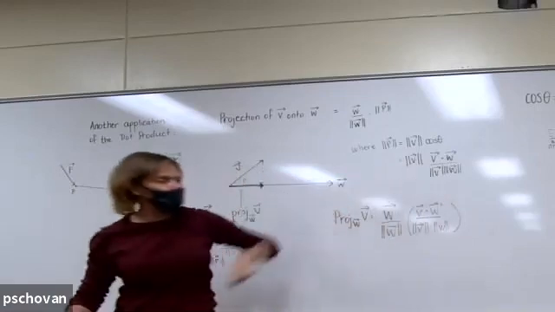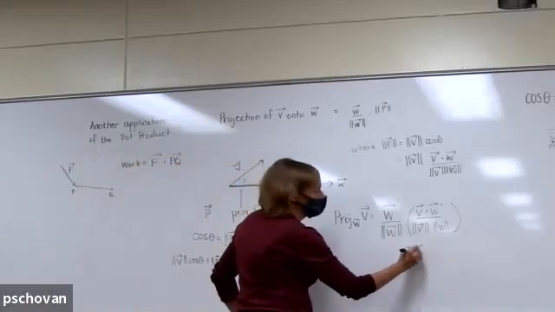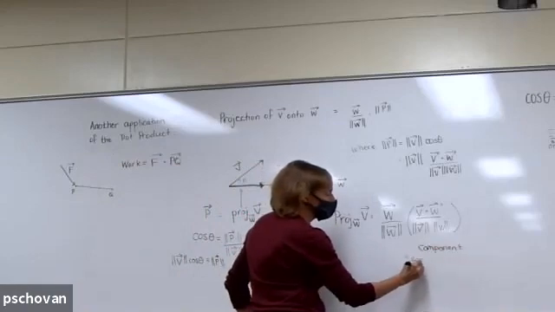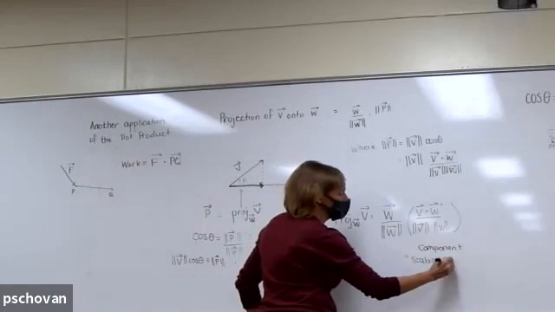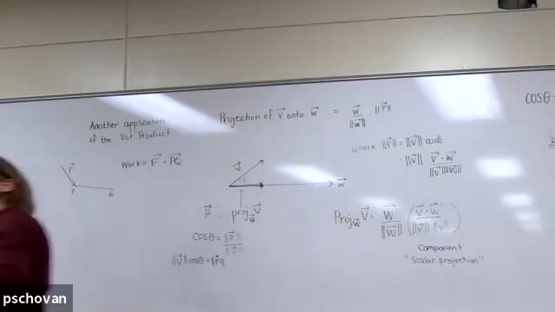So it's that scalar multiple of w. That number in the parentheses is often called the component of vector v onto w, or the scalar projection. It's the scalar that we multiply this unit vector by to get the projection vector.